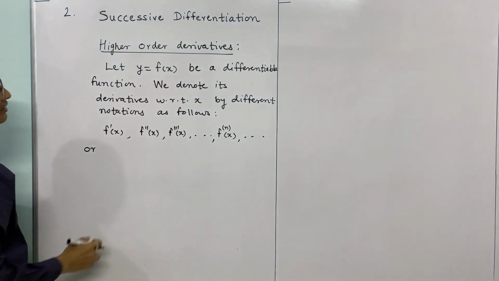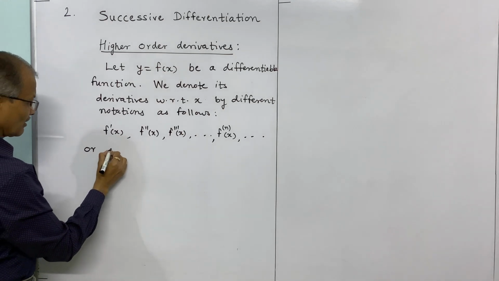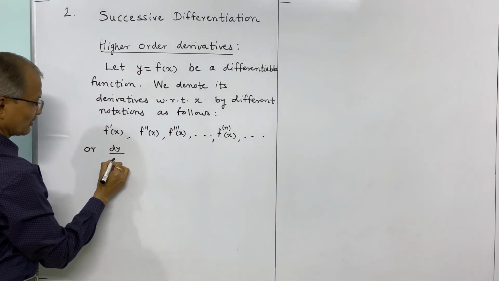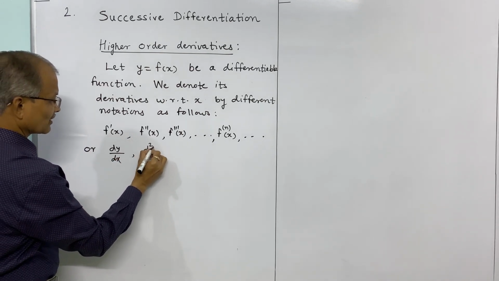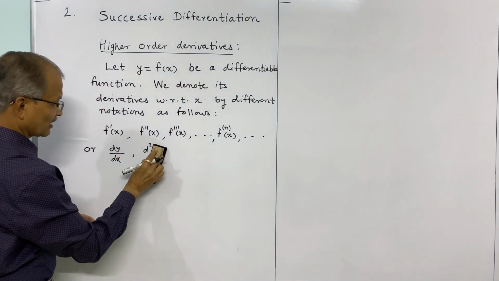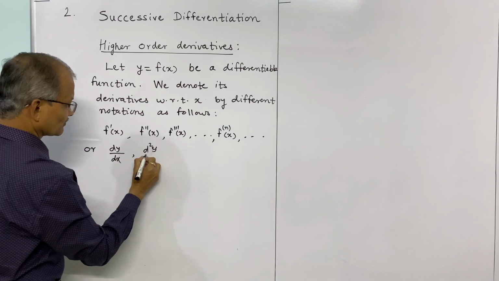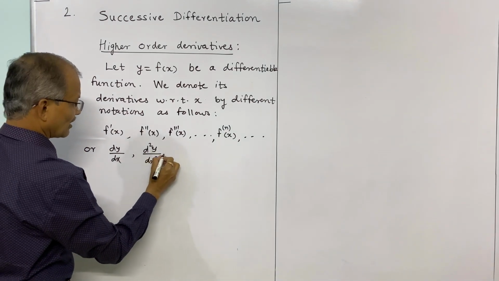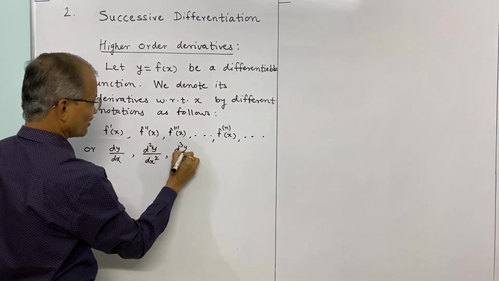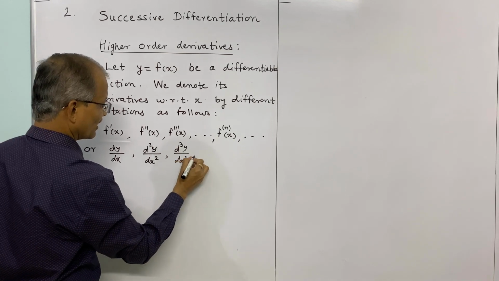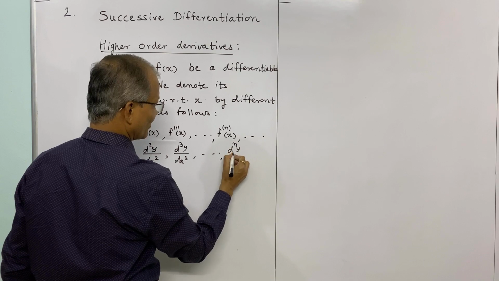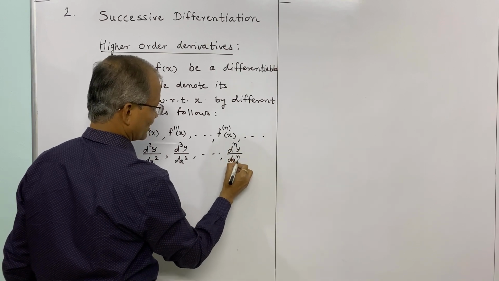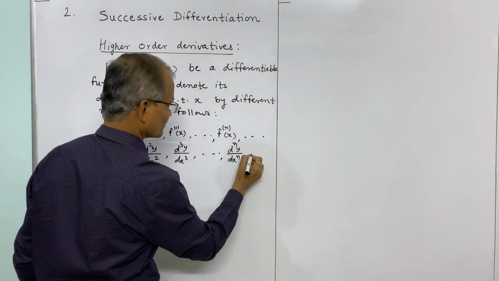Or we may use the notation for y: dy by dx, the first derivative. Second derivative we may write d2y by dx square. Third derivative we can write d cube y by dx cube and so on. The nth derivative we write dny by dx to the n and so on.